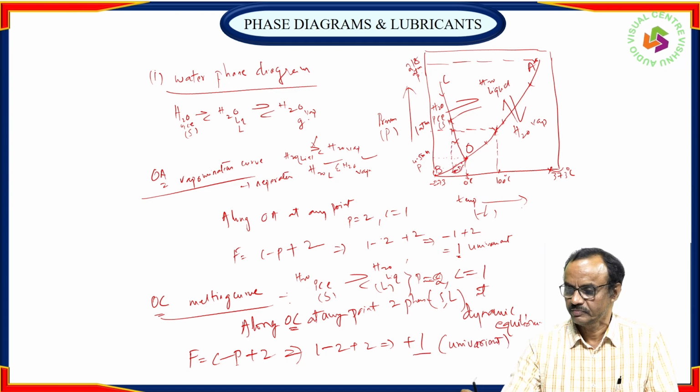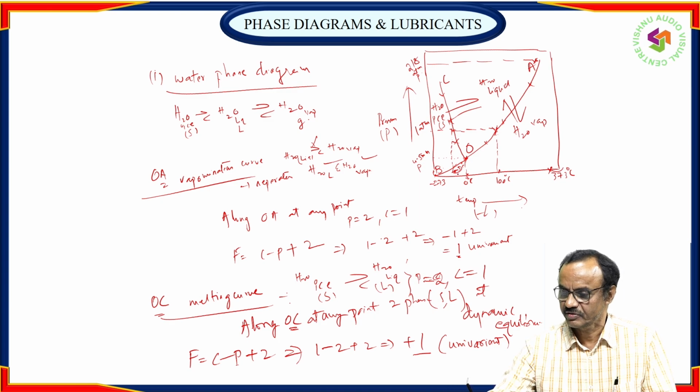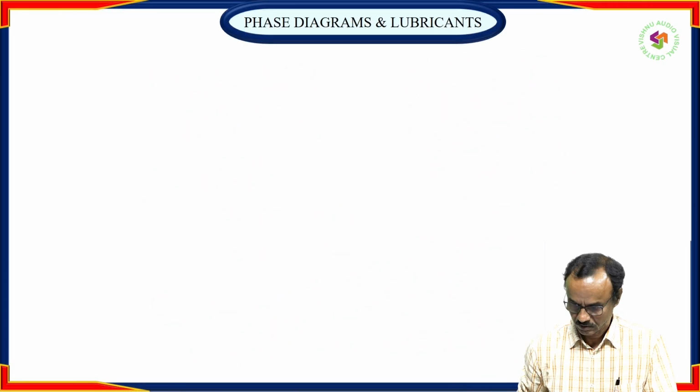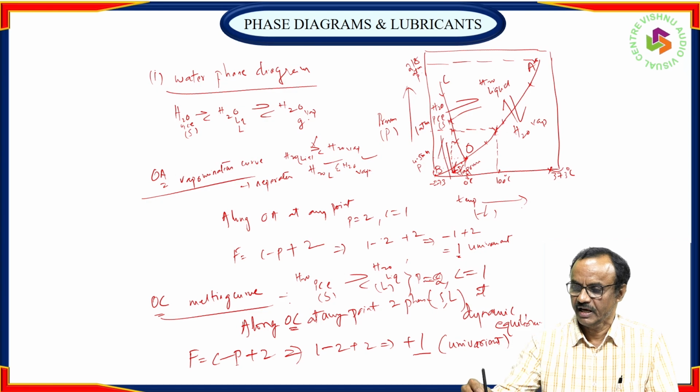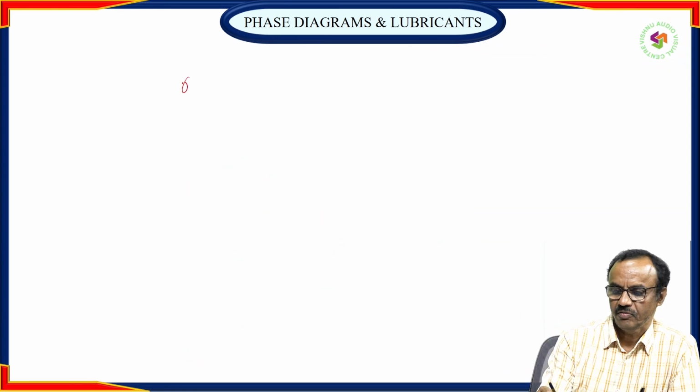Next, the OB curve. So here vapor of water, vapor of ice, both are at dynamic equilibrium, ice and vapor of ice. OB curve.